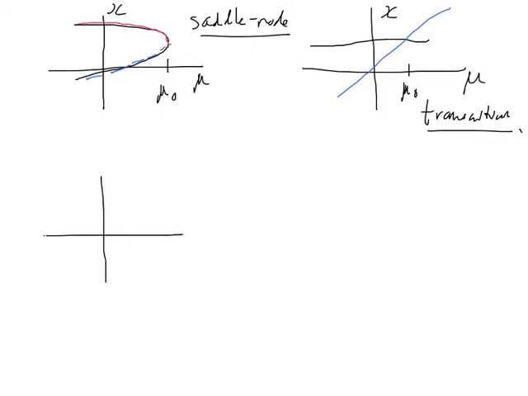Right. The third case is what's called a pitchfork. So here the fixed point keeps on going. This is mu against x, but coming out of it at a certain parameter value mu naught, sorry, let me erase this line here. At a certain parameter value mu naught, emerging from it is another set of fixed points, and I'll draw that here.